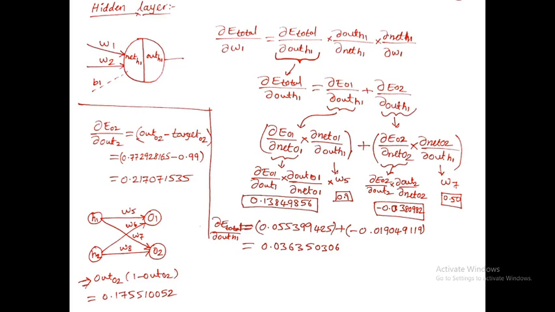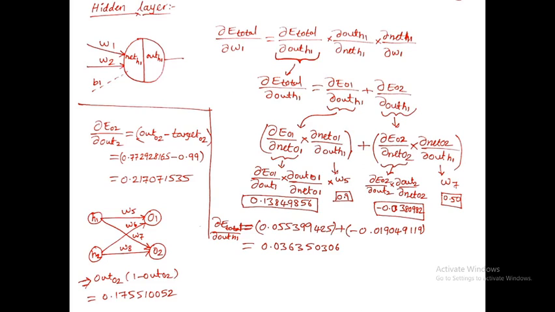As we don't get the direct partial derivative of E_O1 with respect to net_O1, we split it into another two terms, that is ∂E_O1/∂out_O1 into ∂out_O1/∂net_O1. In a similar way, ∂E_O2/∂net_O2 also splits into two terms, that is ∂E_O2/∂out_O2 into ∂out_O2/∂net_O2.